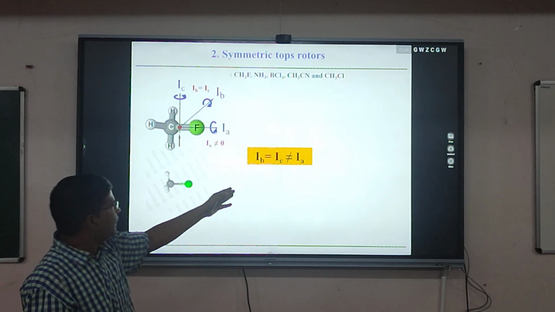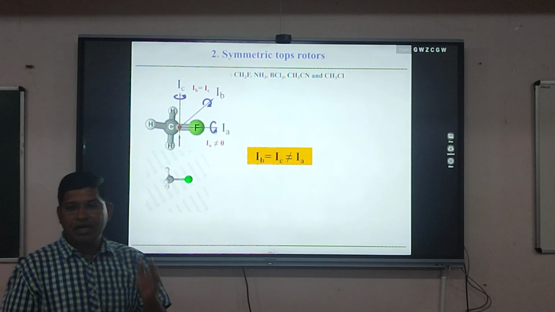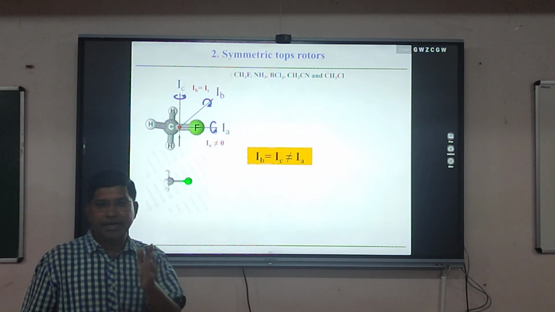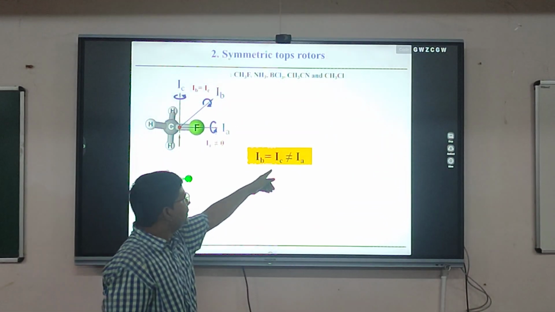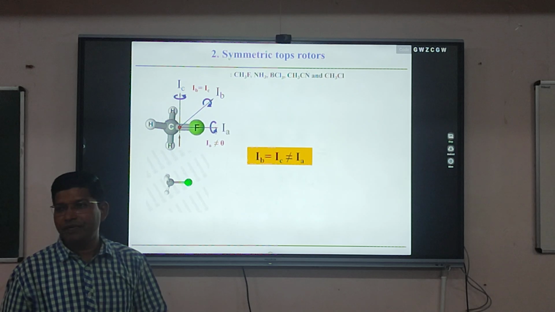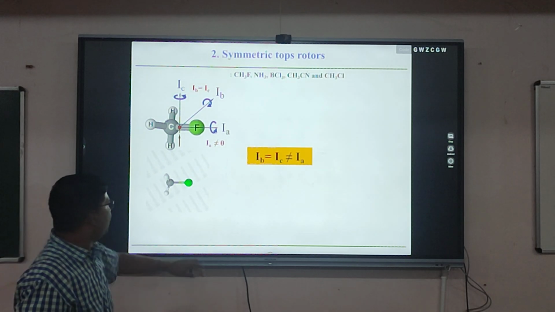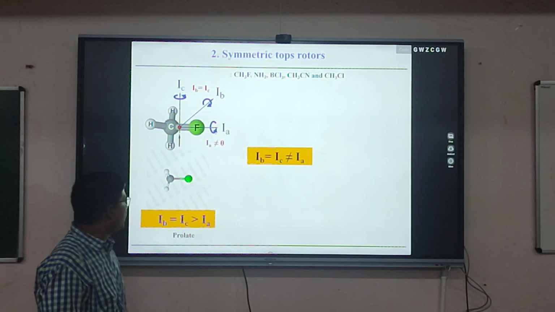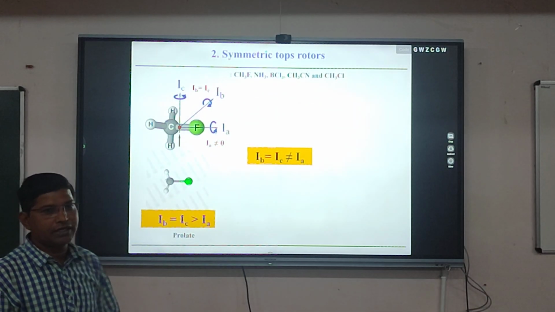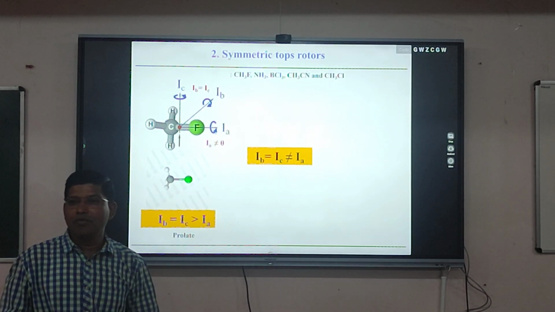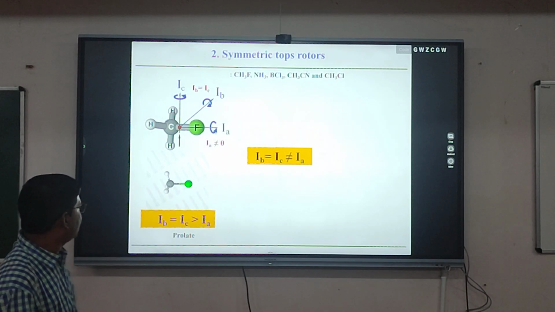This means the moment of inertia in the plane and along the perpendicular are equal, but not equal to the moment of inertia along the bond axis. So there are two conditions for these symmetric top rotators, meaning conditions on the moment of inertia of the molecules.